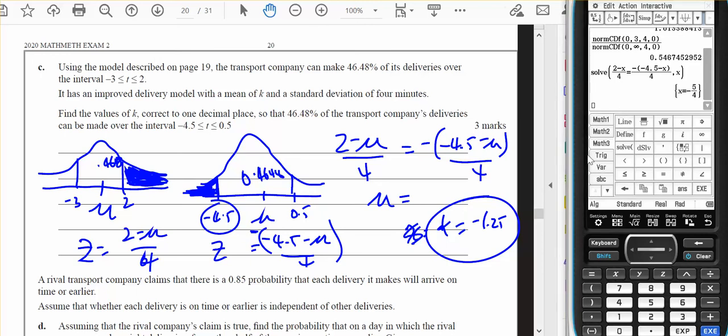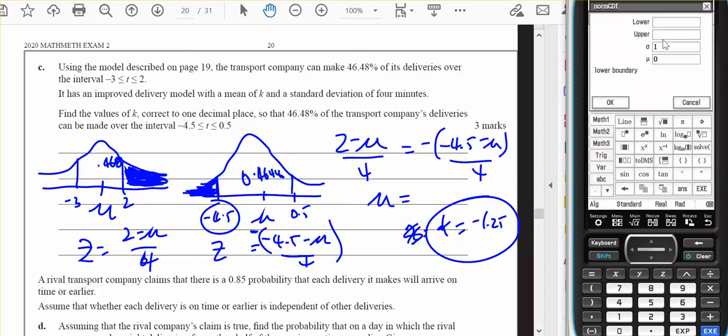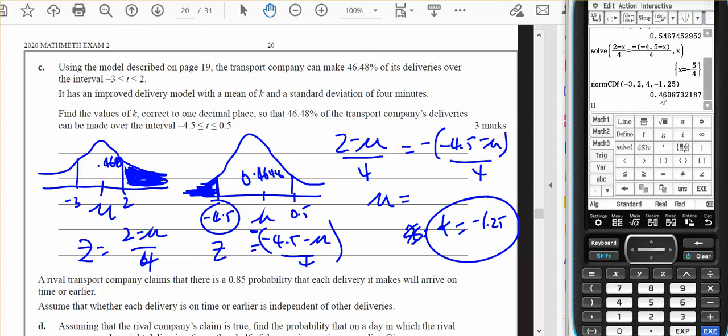And I'll just double check that. If it is -1.25, then in the interactive distribution, continuous, normal CDF, if my lower was -3 and my upper was 2 and the standard deviation is 4 and the mean is -1.25, I should get a probability of 0.4648, which is what I did.